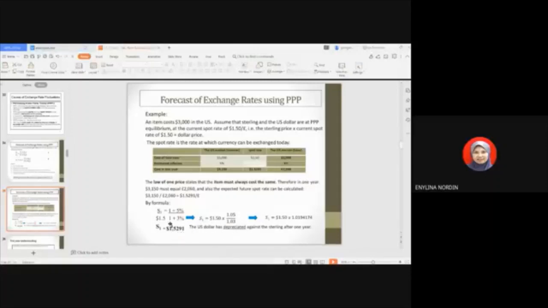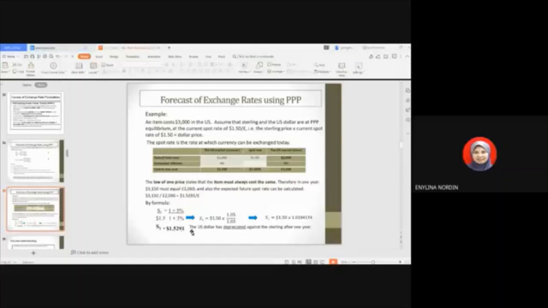$1.5291. So what does it mean? This is the US dollar per pound. Currently the US dollar per pound is $1.5 per pound, but now it is expected to be $1.5291 per pound, so it becomes higher.